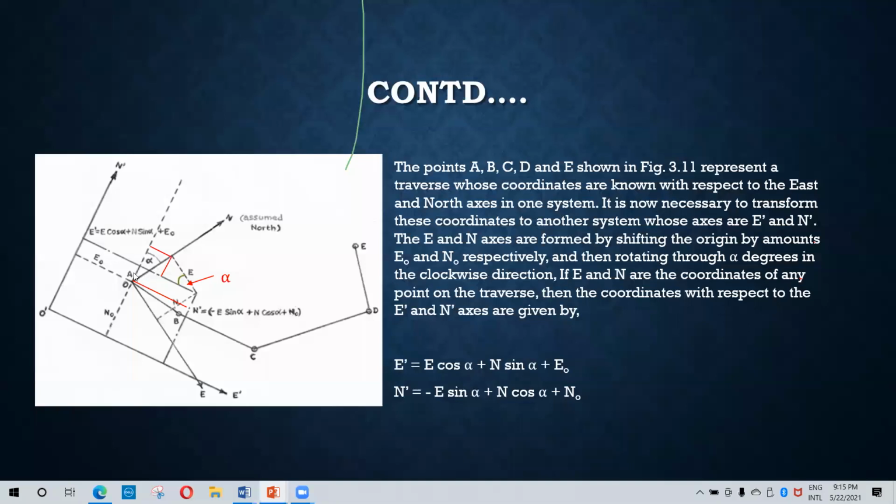This length is N cos alpha, and this height is E sin alpha. So if you deduct this height from this height, you will get this small height. From this point to this point, it is N cos alpha. From this point to this point, it is E sin alpha. So you get N dash equals N naught plus N cos alpha minus E sin alpha.